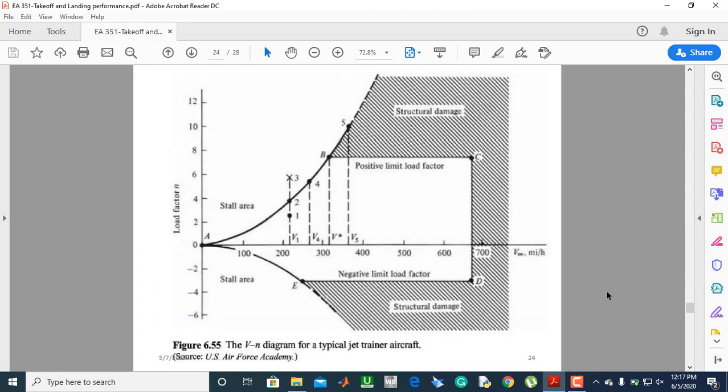I would encourage you to look at this slide, take a bit of time, study it, and make sense of the explanation that follows.